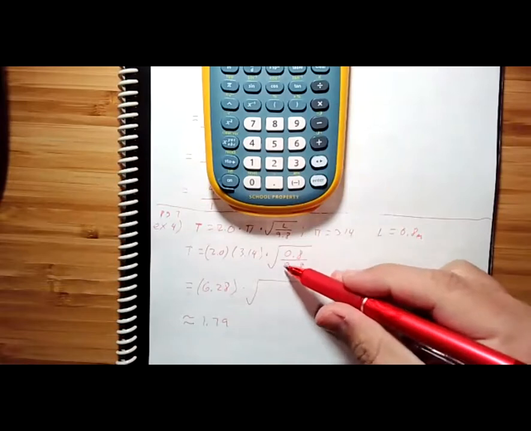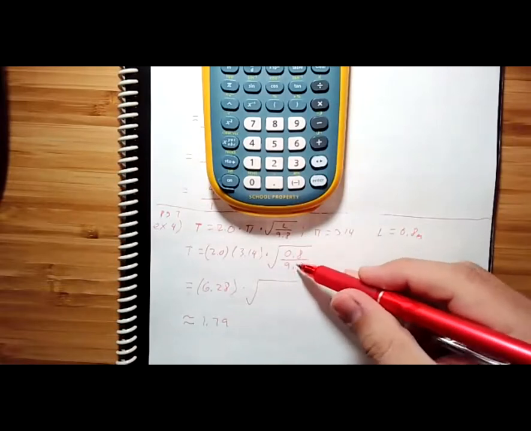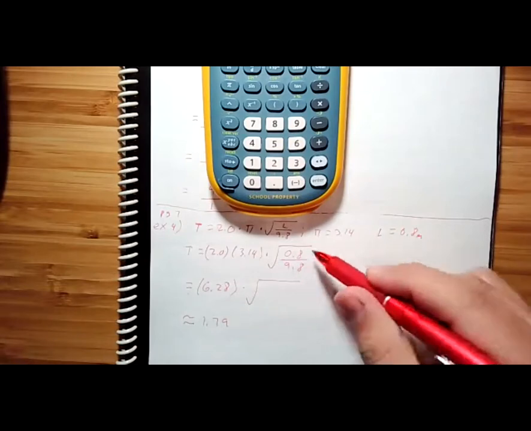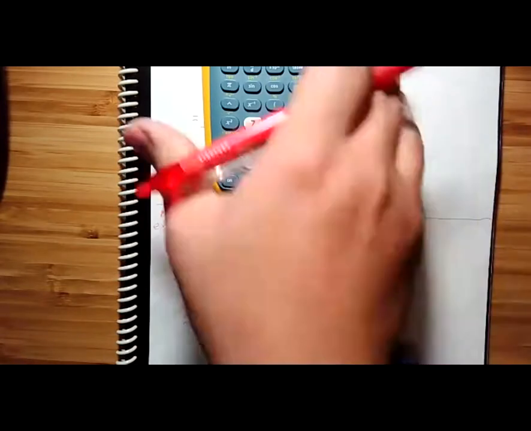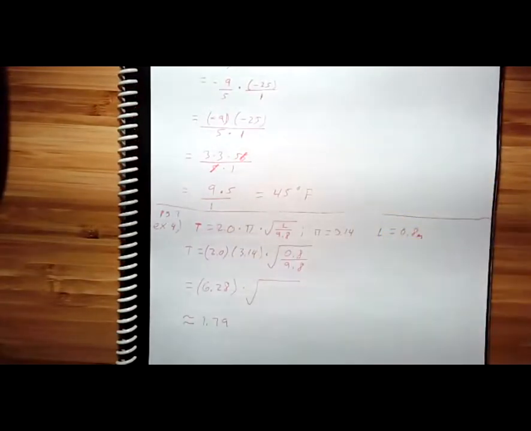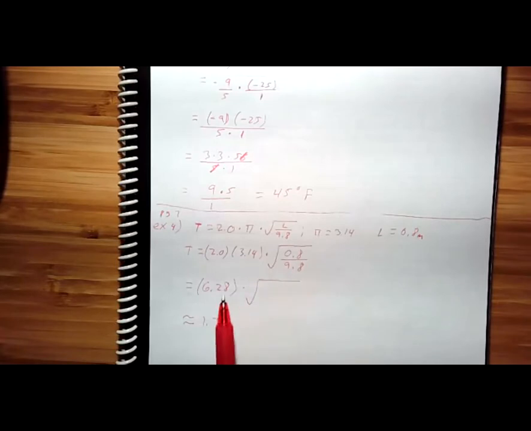Now you could have done these with long division, but you'd have to deal with a weird number anyway. So I recommend you use the TI-30 for those types. But anyway, are there any questions on the actual plugging in of the numbers and what goes first? We did the square root first, and then you multiply by the result over here.